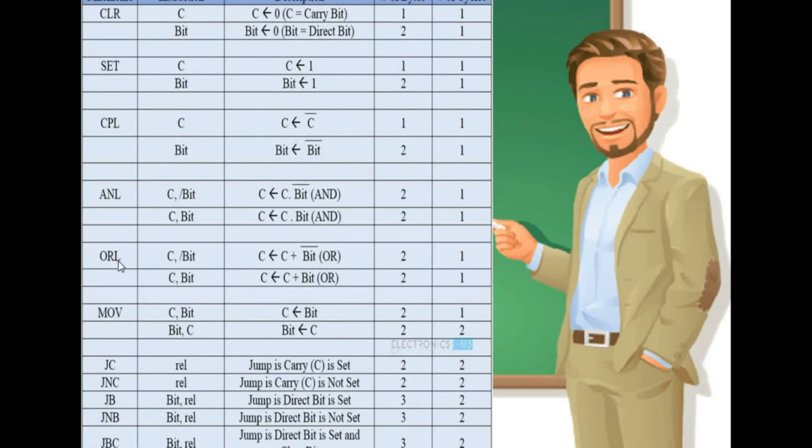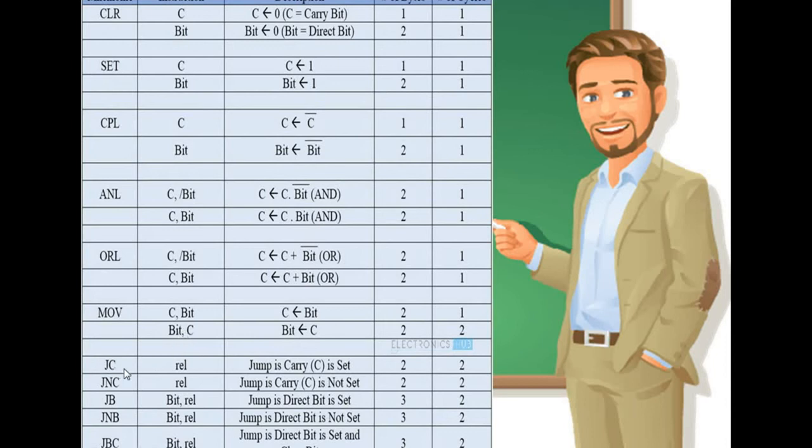OR logic performs addition with the carry, in the complemented form as well as in normal form. MOV C, bit means the bit value is moved to the carry. In the same sense, MOV bit, C means the carry value is moved to the bit.